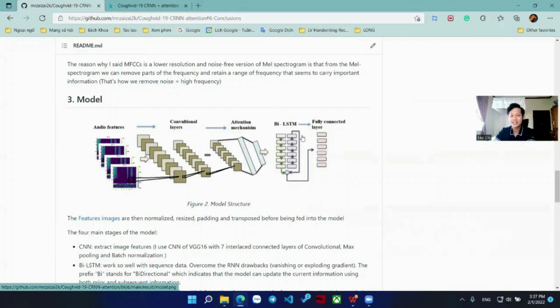Because RNN has drawbacks with vanishing gradient and exploding gradient, but LSTM, which means long short-term memory, fixes those drawbacks. BiLSTM means we can use the previous information and the subsequent information to update the current information. And last, I use a fully connected layer to classify into COVID-19 or non-COVID-19 patient.